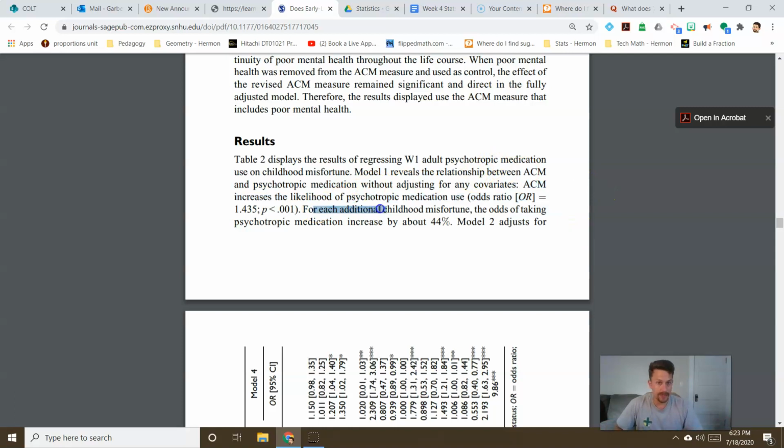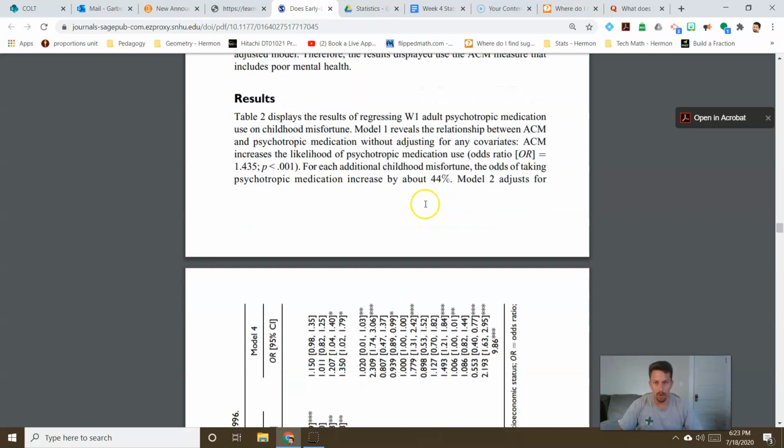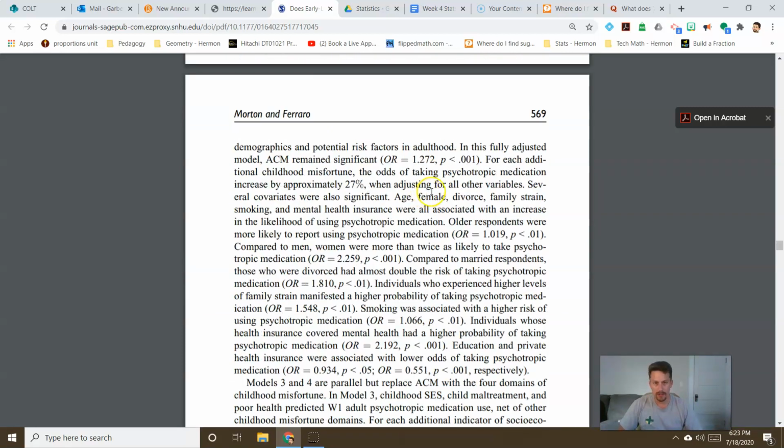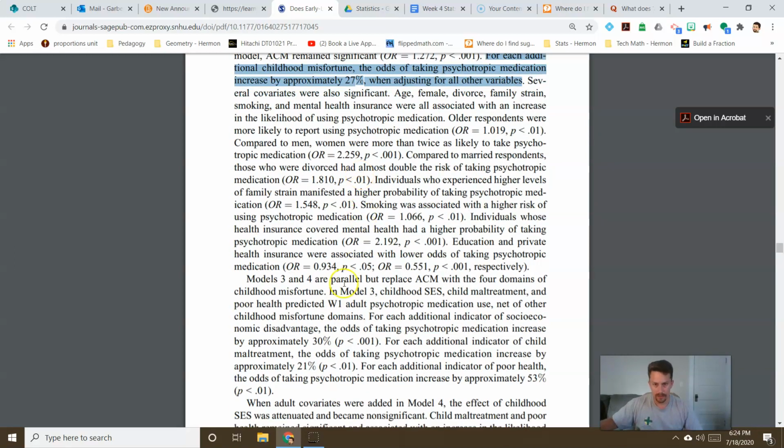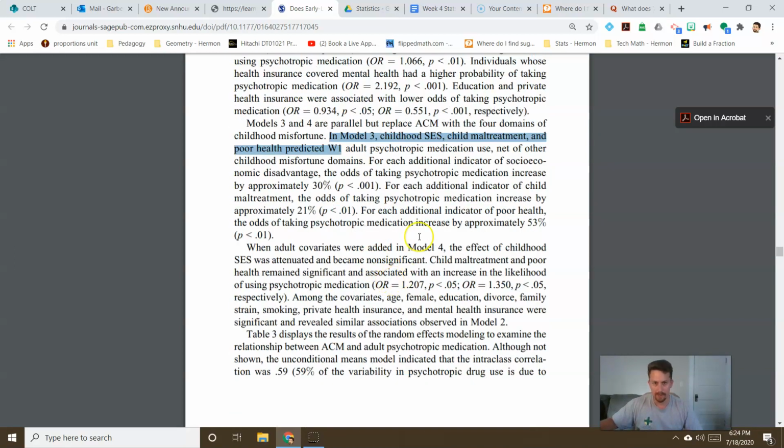And it says for each additional child in misfortune, the odds of taking psychotropic medication increase by about 44%. So there's a big picture outcome right there. All right, that's Model 1. Now you'll see for Model 2, it's written somewhere on this page, right here. When adjusting for other variables, it increased by 27%. And then you'll see here Model 3 and then Model 4.